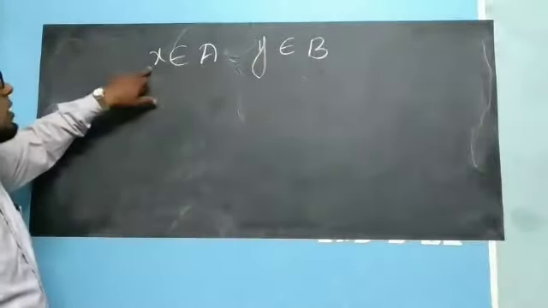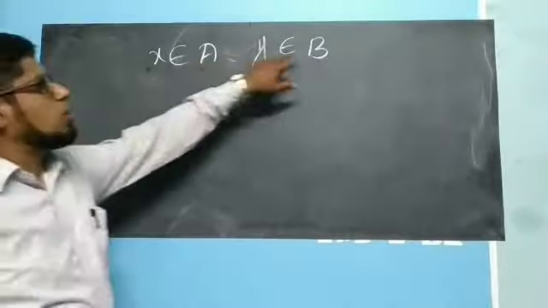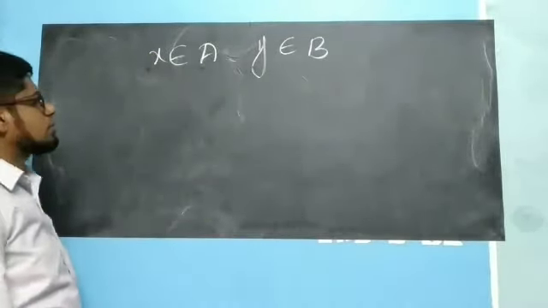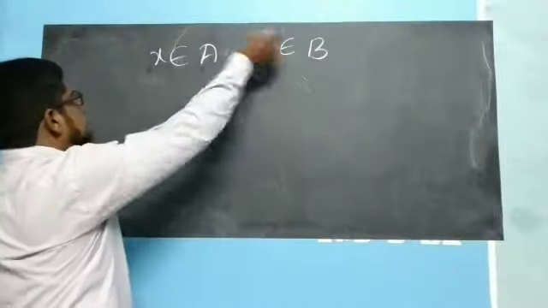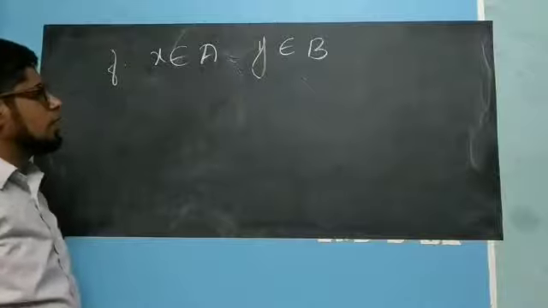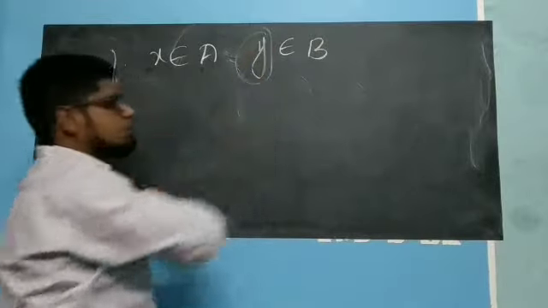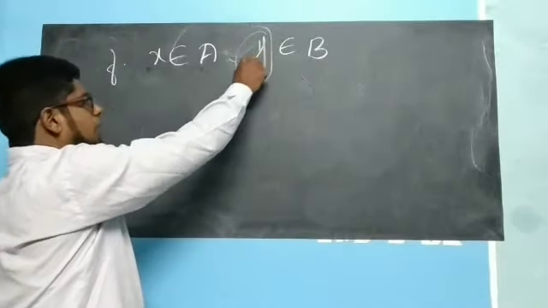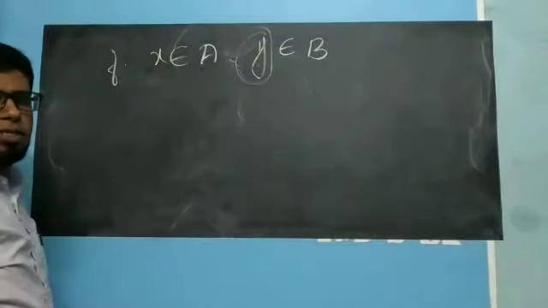If X belongs to set A, Y belongs to set B, then of the same function, these two are of the same function, then this Y is called the image of an element X.